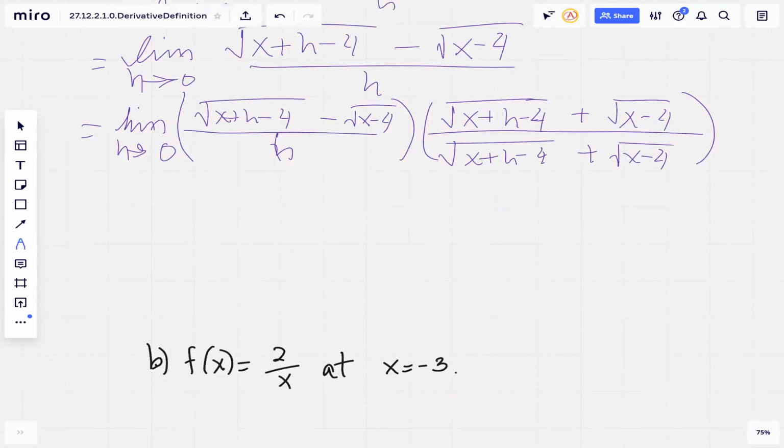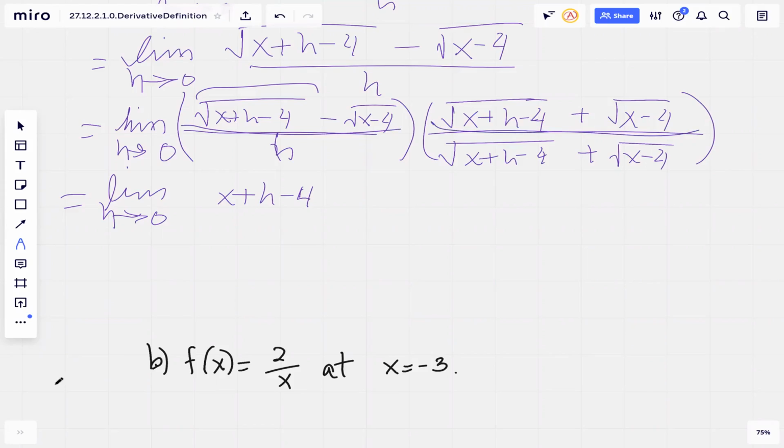All right, so again, we have the limit as h approaches 0. Now in the numerator, what do we get? The square root of x plus h minus 4 times the square root of x plus h minus 4 gives us x plus h minus 4. If you notice, this product in the numerator is actually a difference of squares.